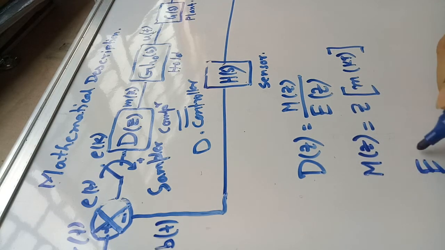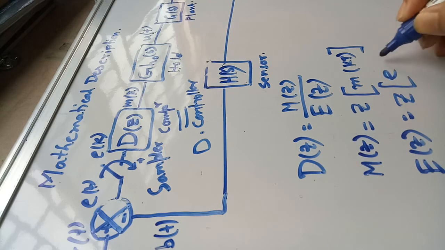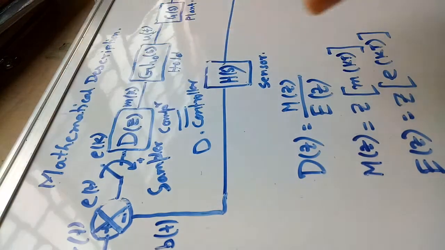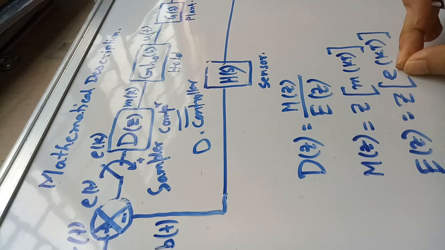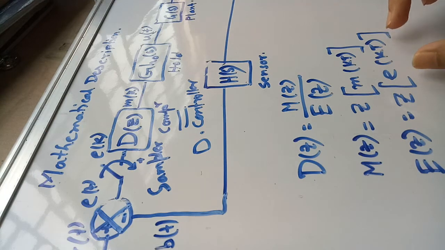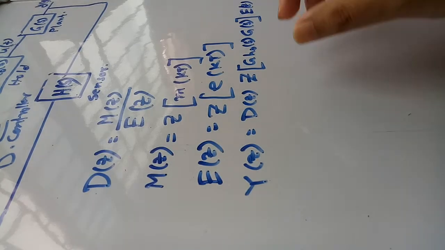Now we will find out the E of Z. So what is E of Z? E of Z equal to the Z transform of E of kT. The error signal, E stands for this, so this error signal will take the Z transform. Next is this, what is this?